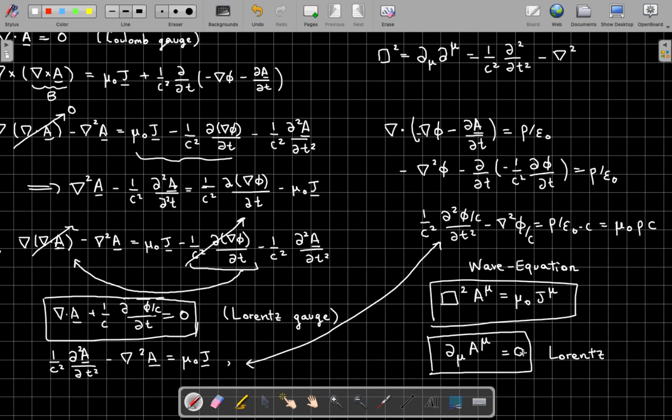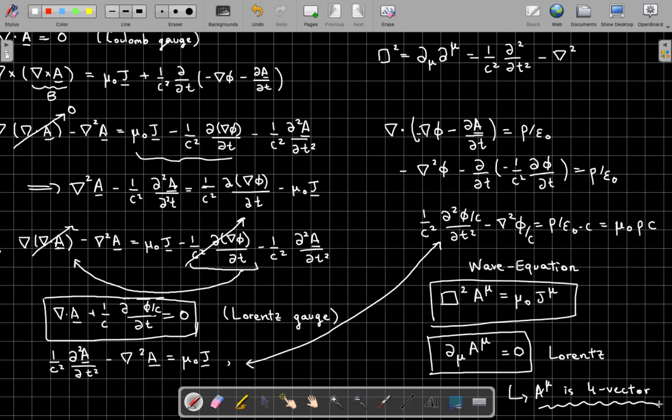You could do the same here, right? Although this is more of a condition that is set upon rather than a physical equation. Okay, so very good. We have proven, therefore, A mu is a 4-vector, satisfying. If it satisfies the Lorentz gauge, then it will satisfy this wave equation.